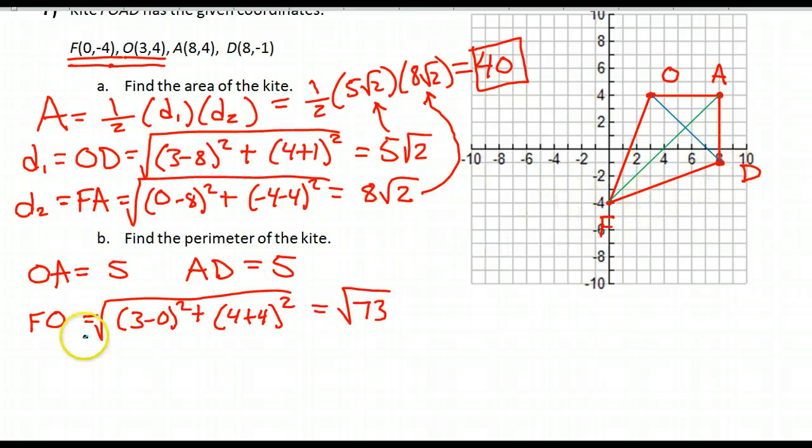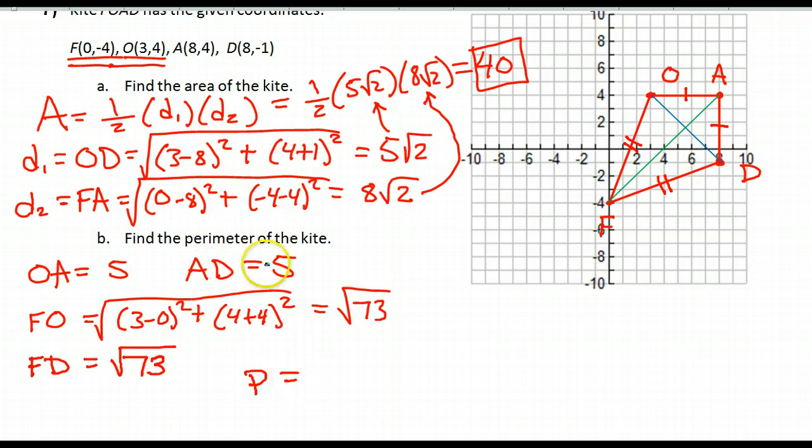I need to know what FD is, but I really do not have to do the distance formula again. If this is a kite, then these consecutive sides here are going to be the same. So if FO is radical 73, then FD is going to be radical 73 as well.